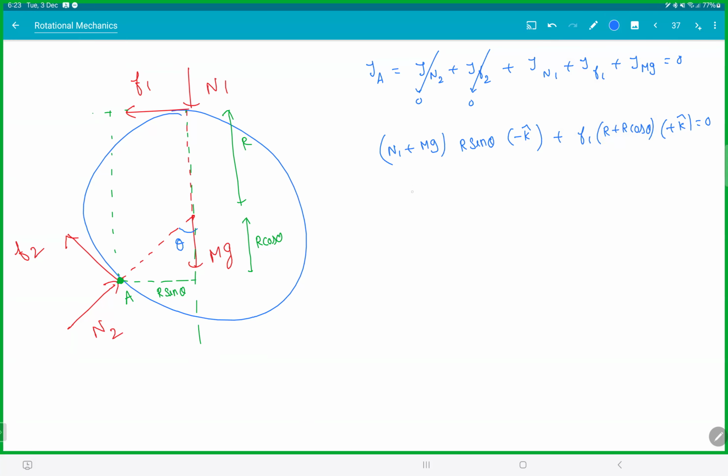But the value of N1 we already know, mg by 2. So this will be 3 mg by 2 sine theta is F1 into 1 plus cos theta. There. So friction will be 3 mg sine theta by 2 into 1 plus cos theta. Check. That's your F1.